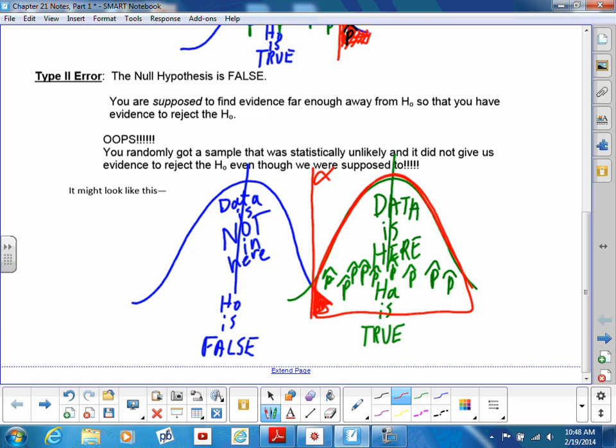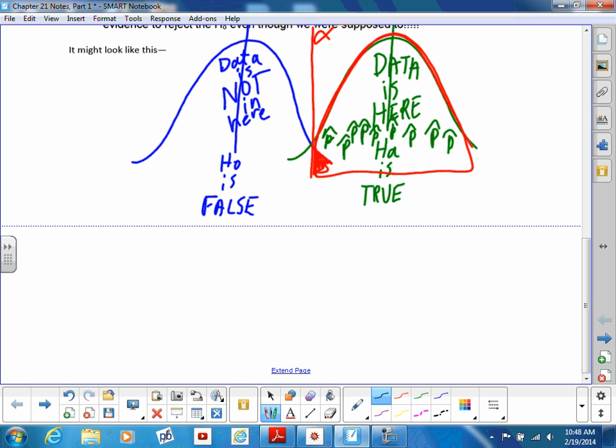But guess what? You might inadvertently, through no fault of your own, get a sample right there. Now, in terms of this green curve, in terms of your alternative, that was not likely to happen. It was not very likely for you to get a sample located right here. But it could technically happen.